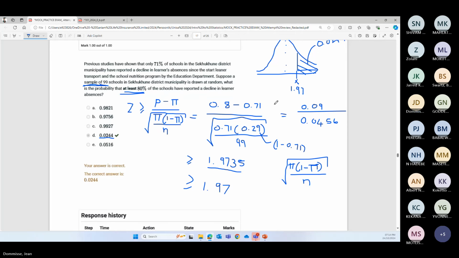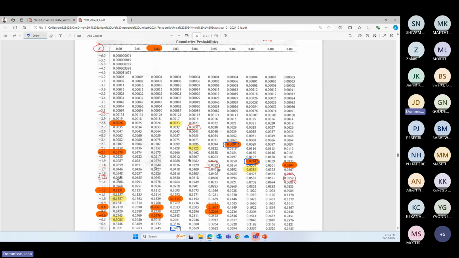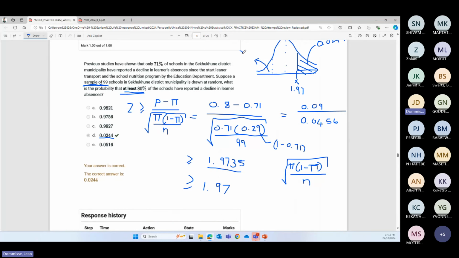So if we look at the 1.97, because of symmetry, we could look just at the negative component, which is minus 1.97, and that gave us the 0.0244. So that is basically what we are working out. Okay, so this one is to do with proportion, and this formula is how we work out this Z for the proportion.